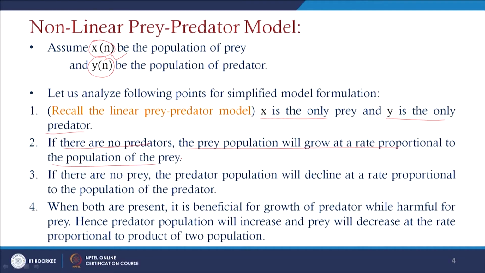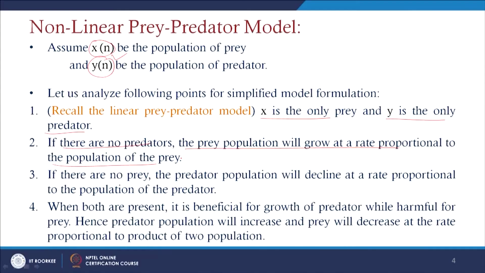Suppose a tiger and a deer are present, and we assume there are no tigers there, then the deer can grow like anything if sufficient food is available to them. And if no prey exists, this means no deer are present, then the predator population will also decline, since they will not find food and they will die out.